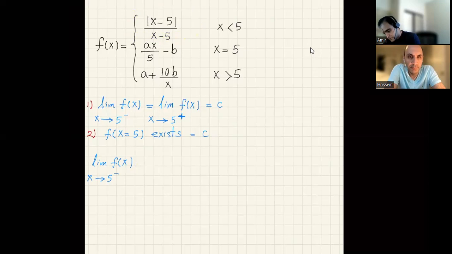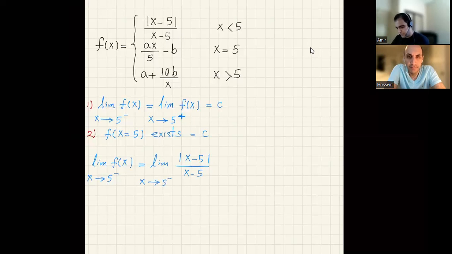It's going to be the limit of absolute of x minus 5 divided by x minus 5 when x approaches from the left side.